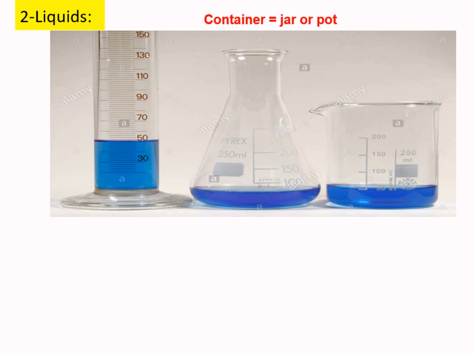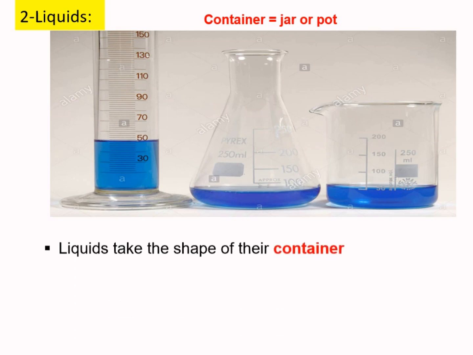Well, clearly it's not. As you can see here in the first container, which is a cylinder, the liquid takes the shape of the cylinder. It looks long. While in the second container, which is called a flask, you can see that the liquid takes the shape of the flask. It looks round and short. While the third container looks totally different from the flask and the cylinder.